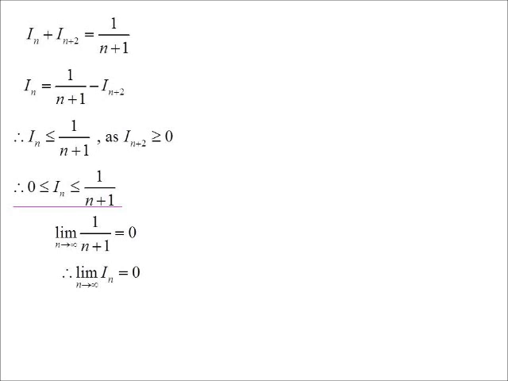They wanted to know what happens with J. Well, remember J_n was minus 1 to the n of I_2n. Well, if I is approaching 0, then negative 1 times that must be approaching 0 as well. So my J_n, or J_m, or I might have put the wrong limit, but anyway, is going to approach 0.